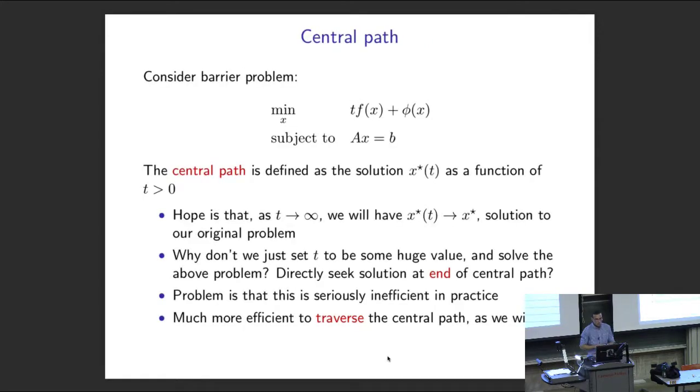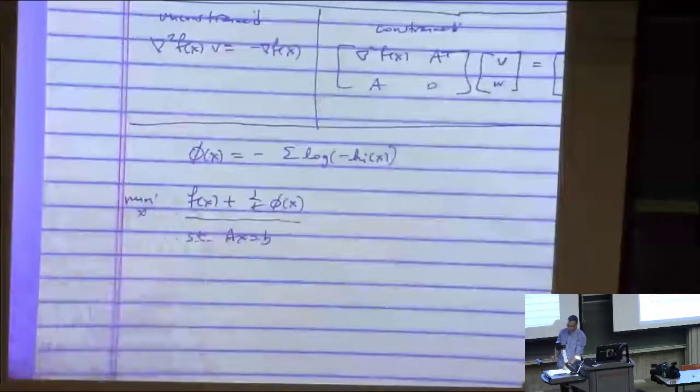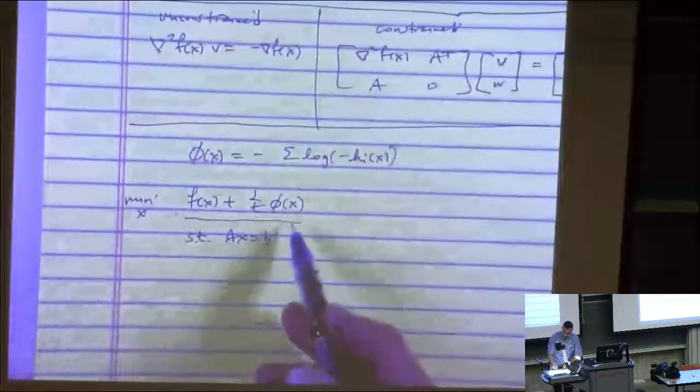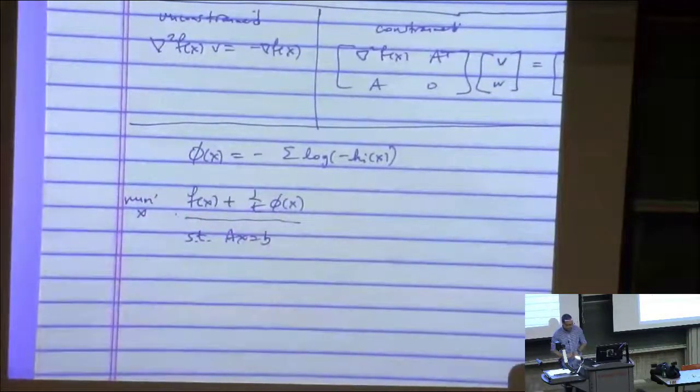So what is the central path? The central path is defined as a solution essentially to this problem, okay, where we've kept the equality constraints, but we've moved the inequality constraints up into the criterion via this trick that was a smooth approximation to the indicator.